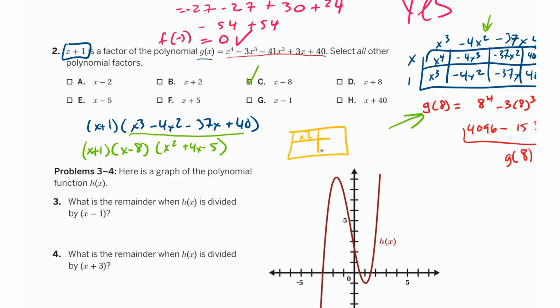First term, first box, last term, last box. That middle term, 4x, needs to split up into two things that multiply to negative x and 5x. And then what that does is it gives us my final two factors, x minus 1 and x plus 5, my fault.